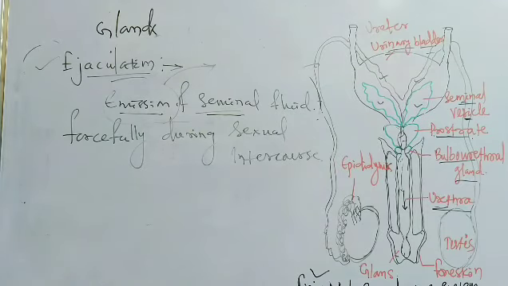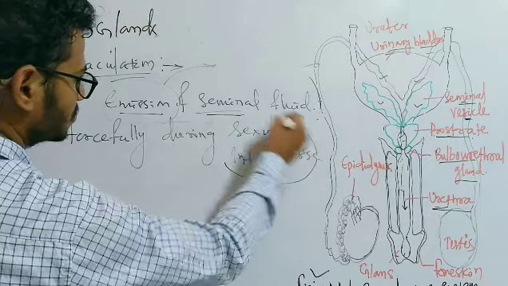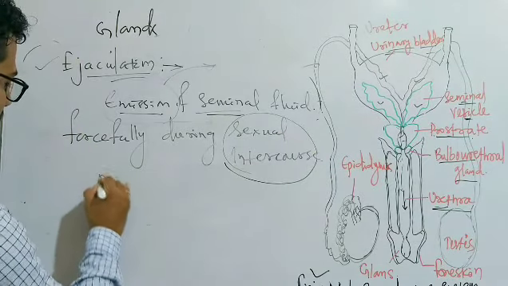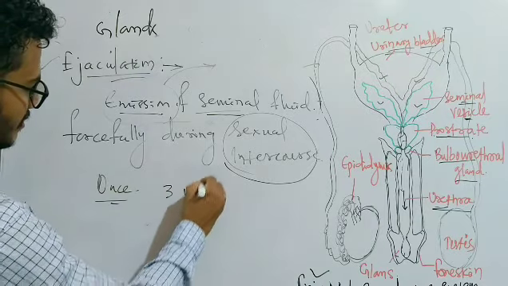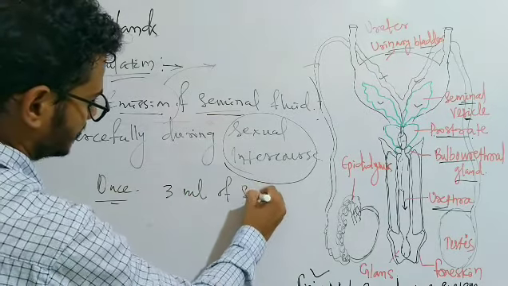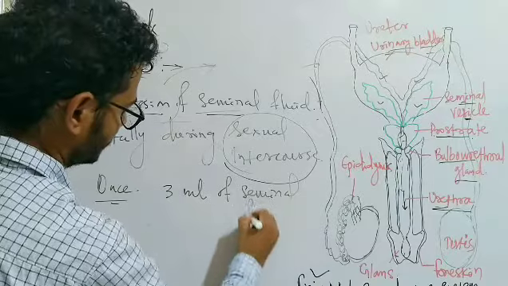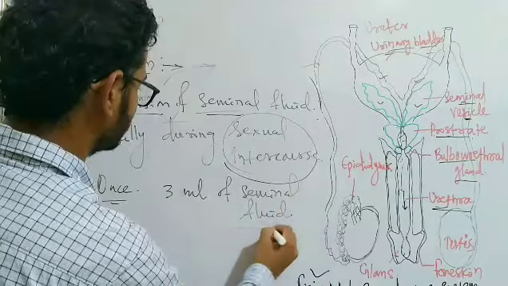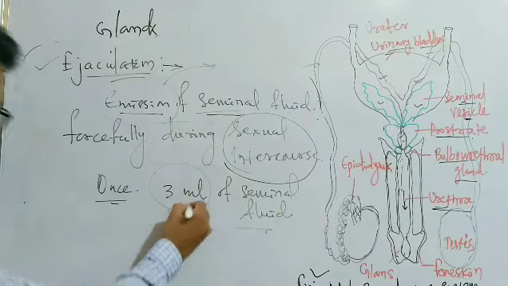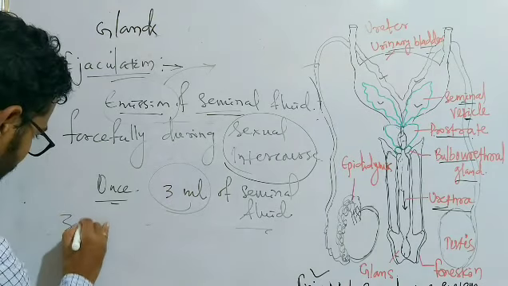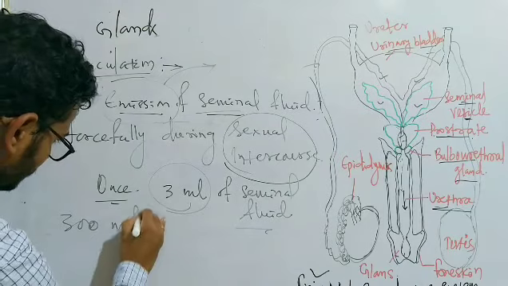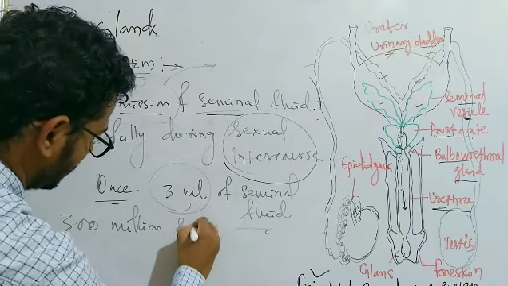During sexual intercourse, in one ejaculation, 3 ml of seminal fluid comes out, and in that 3 ml of fluid, 300 million spermatozoa are there.